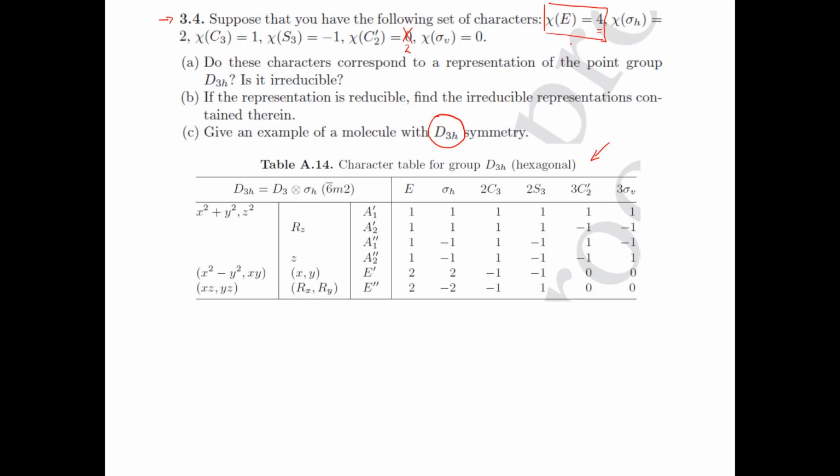And this cannot be an irreducible representation of the group, because you can already see in the character table that for this particular group you have 4 1D representations and 2 2D representations. You cannot have a 4-dimensional irreducible representation for this group. Another way to see that is by looking at this relation here.